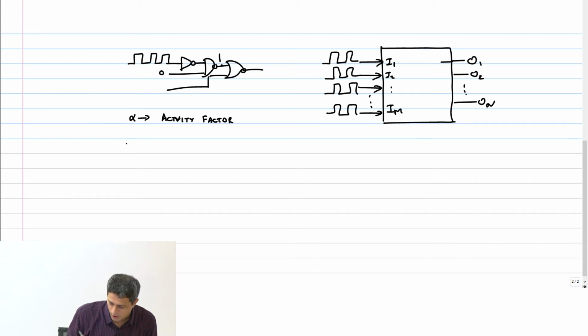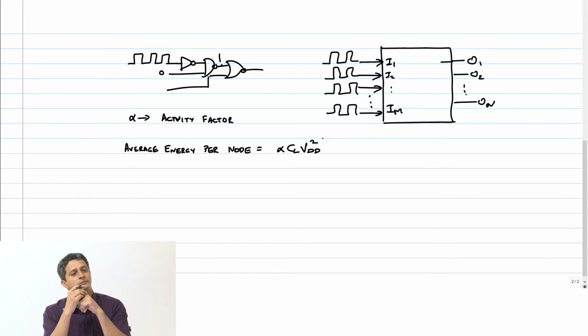And therefore the average energy per node will become alpha CL VDD squared, depending on how often that is going to switch, right?